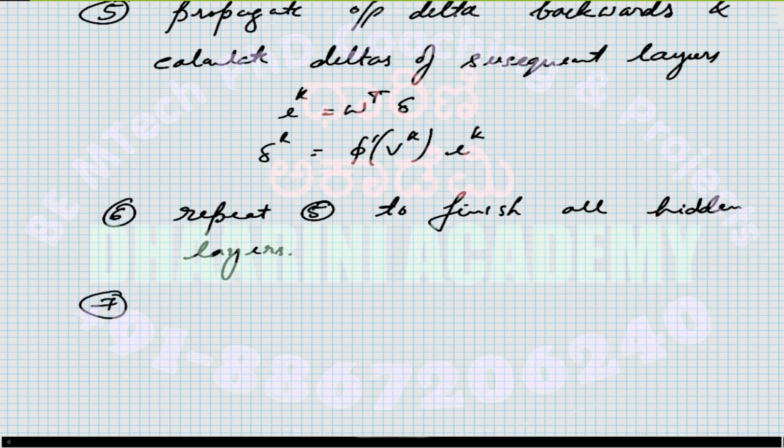Then step number 7: adjust the weights of the neural network, or actually update the weights.